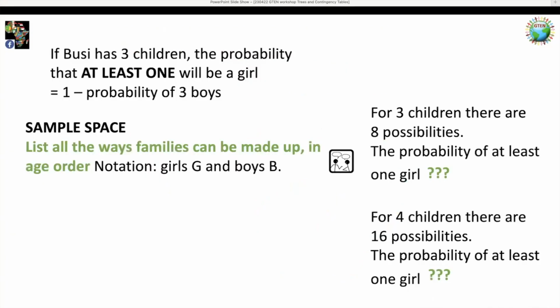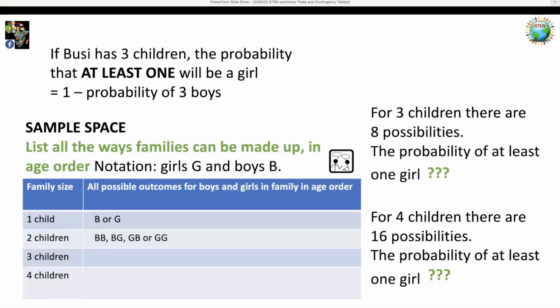So now we'll move on to another, same thing, we're not moving on far. We're going to look at 4 children in a minute, but let's note down, in a different table, a sample space diagram, but it's set out slightly differently to the last one because we want to list for 2 children, 3 children, and 4 children here, and we could extend that, okay?